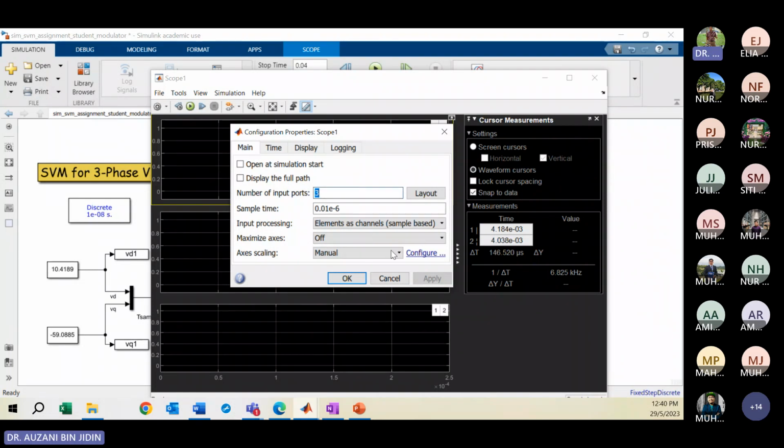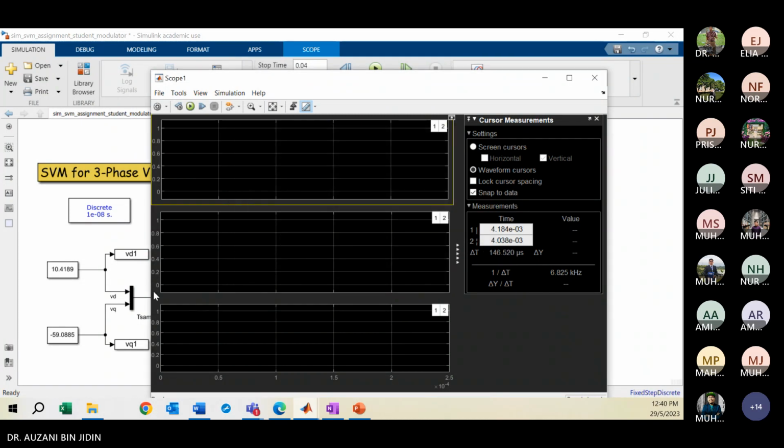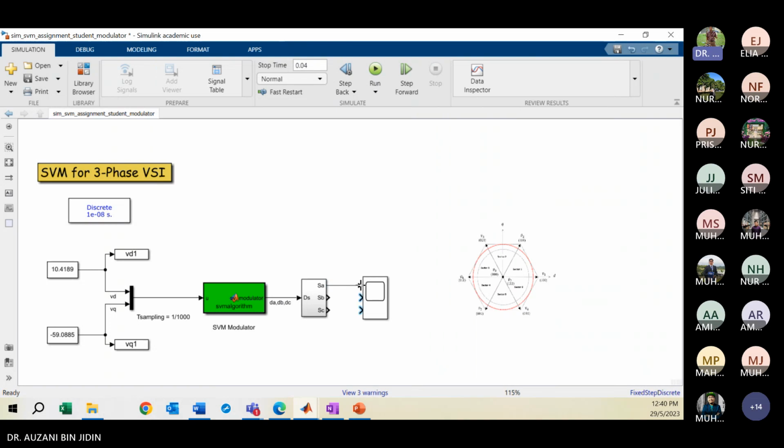Then you click the layout, then drag to select 3, so it means you have 3 graph axes. Then you just explore. Then you connect here, this one, and here.